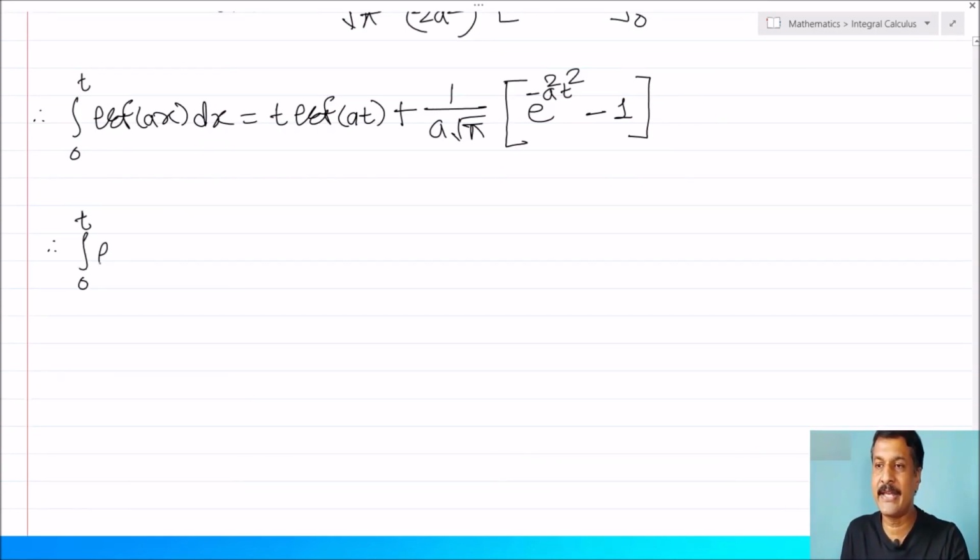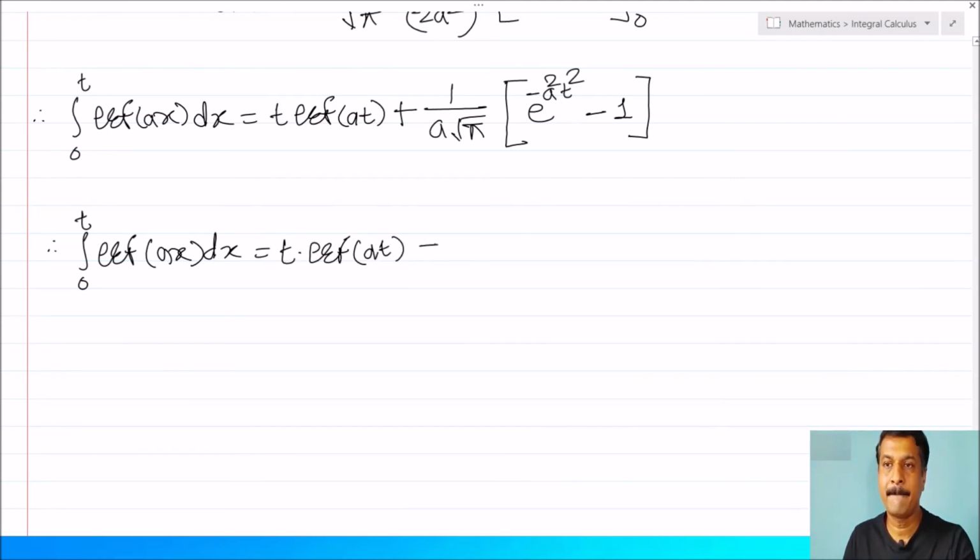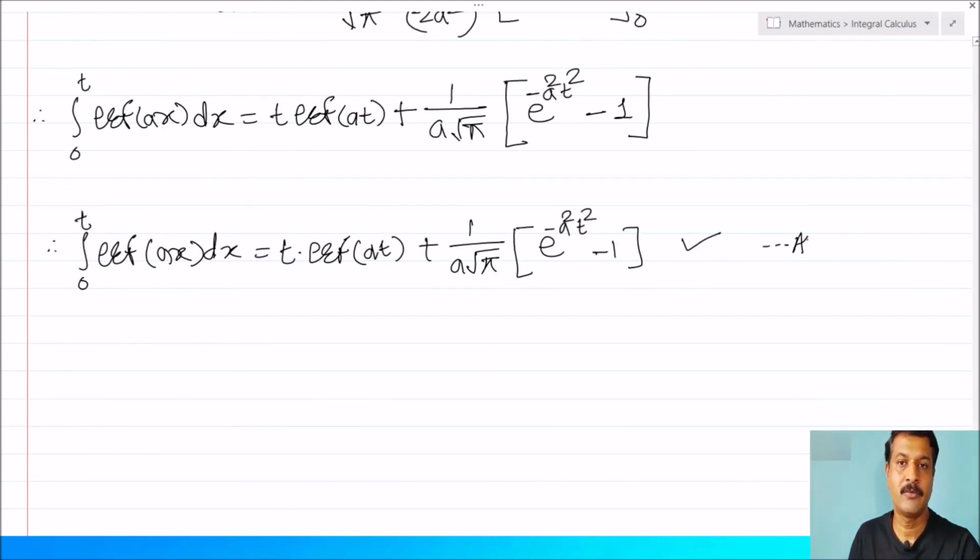The integration from 0 to t of the error function of ax dx is equal to t into the error function of at plus 1 upon a into root pi into the quantity e raised to minus a square t square minus 1, which is your required result.